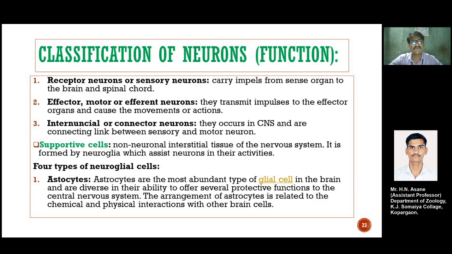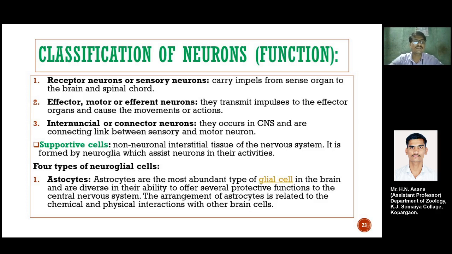It is formed by the neuroglia, or simply the glial cells, which assist the neurons in their activities. There are four types of neuroglial cells or glial cells.